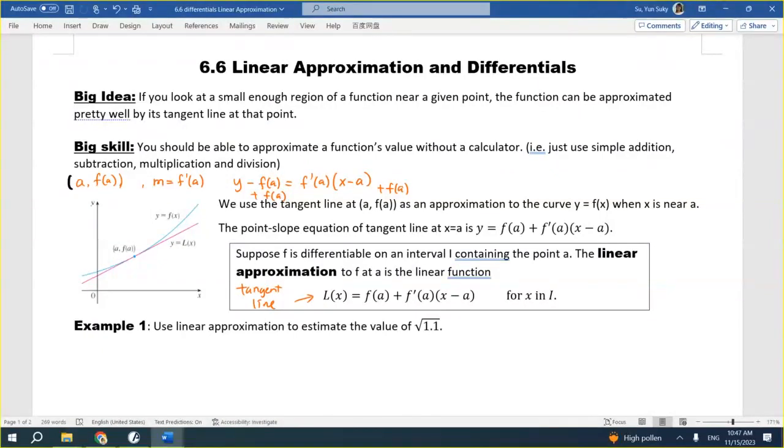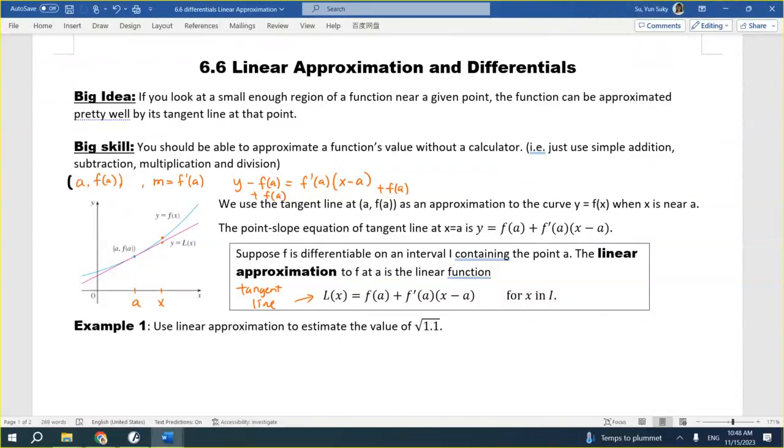So this class, linear approximation, is about using the tangent line to approximate the function value. Let's say this is a, and let's say this is x. When x is close to a, do you see this is our tangent line and this is the function? They are so close, right?